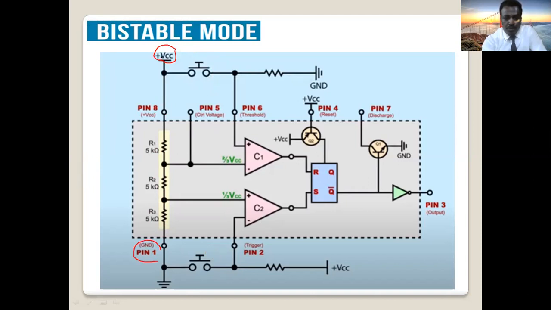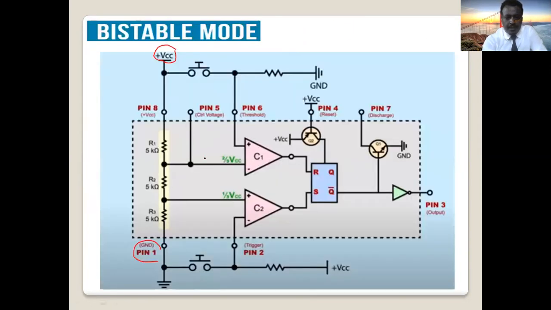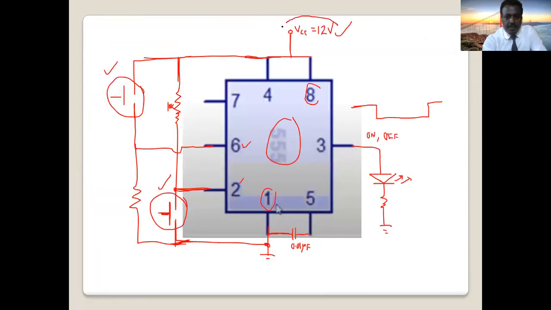These 3 resistors, 5 kilo ohm in series, are connected from pin 8, which is our battery, to pin number 1, which is our ground. So the voltage you apply at VCC, as we discussed last time, gives 2/3 of VCC here, and 1/3 of VCC at this point. How much voltage do we apply at pin number 8? 12 volts.